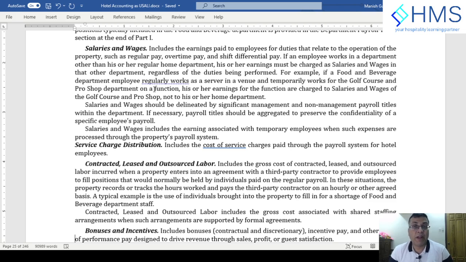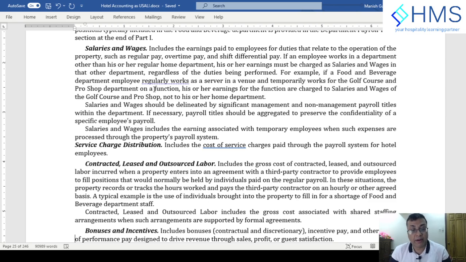Whatever actual amount is distributed to the staff will be shown here as a service charge distribution, because that service charge collection is shown in the revenue and service charge distribution will go to the cost. It may impact the profitability of the department by a bit. However, that's the right treatment to do.